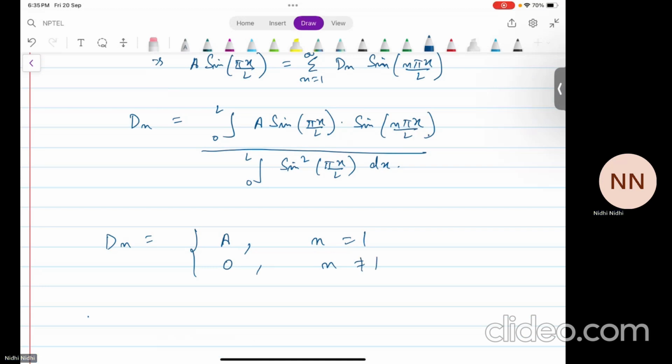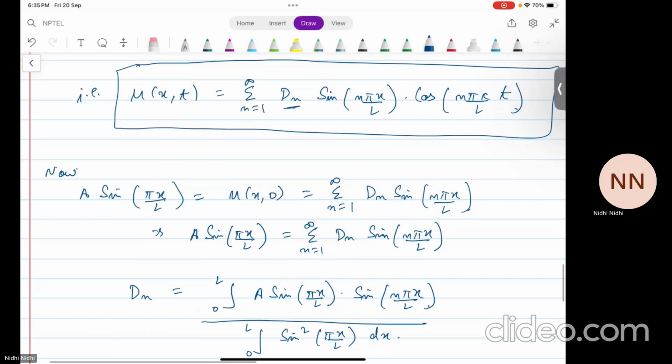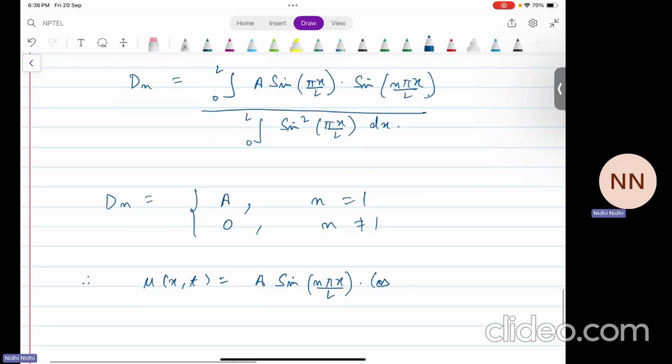Therefore, the explicit form of our solution u(x,t) is equal to a sine(n pi x by l) times cos(n pi c by l t).